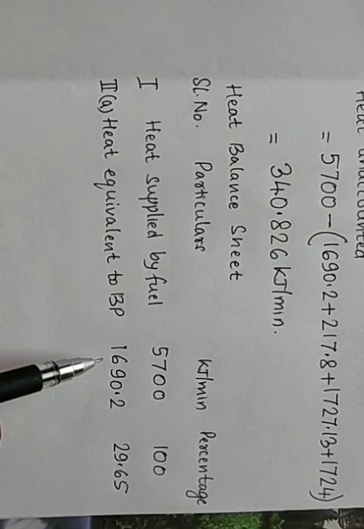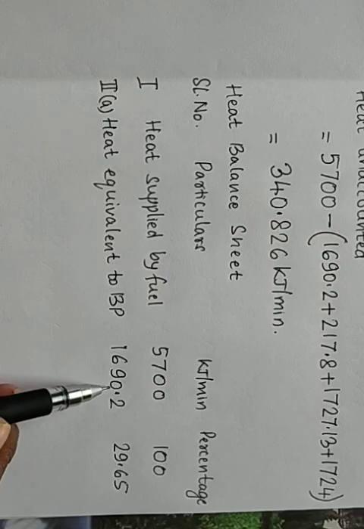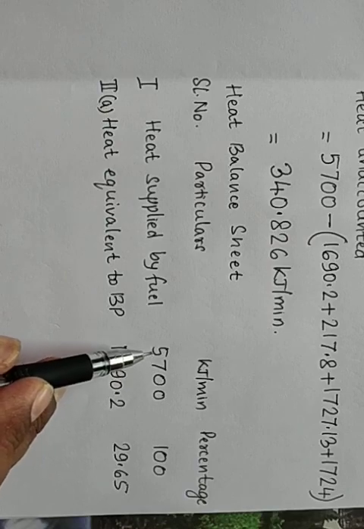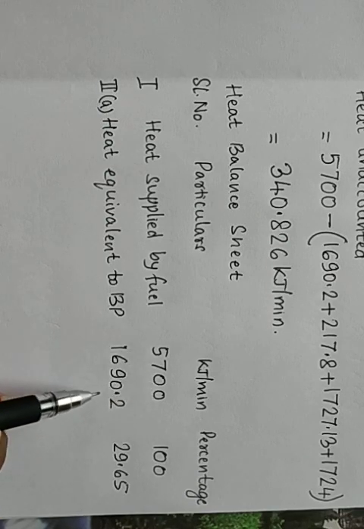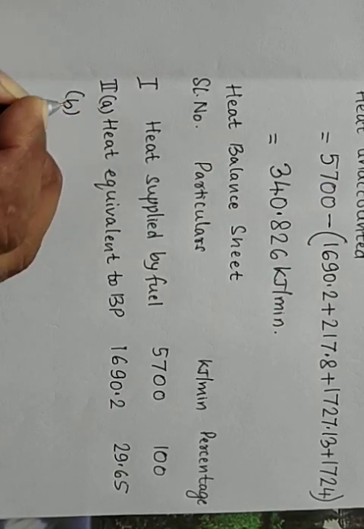That is, you need to find out this percentage, that is 1690.2 divided by 5700. If I divide this and multiply it by 100, I will get it in terms of 29.65%.